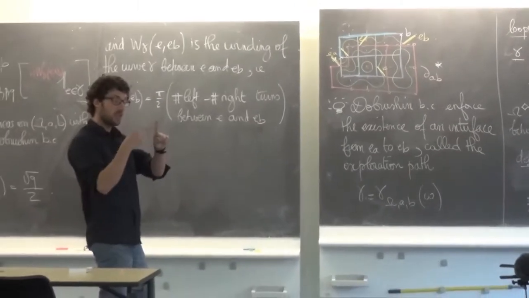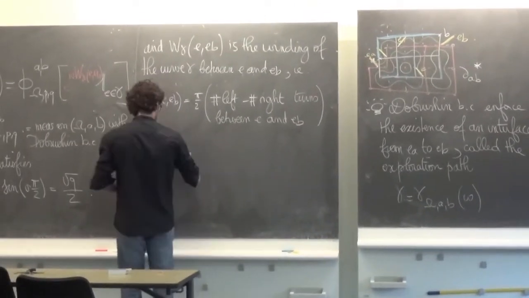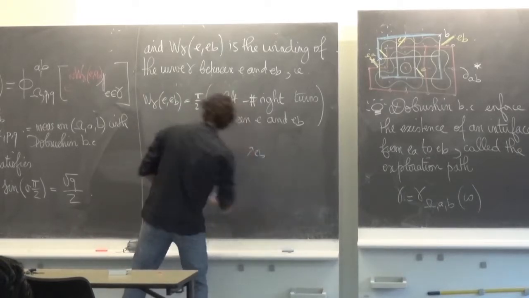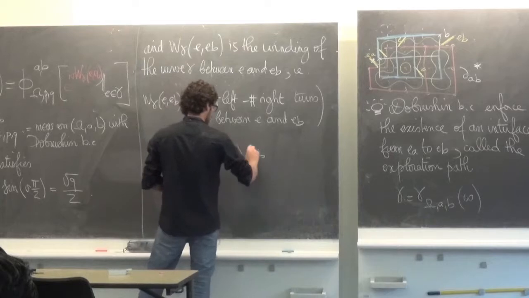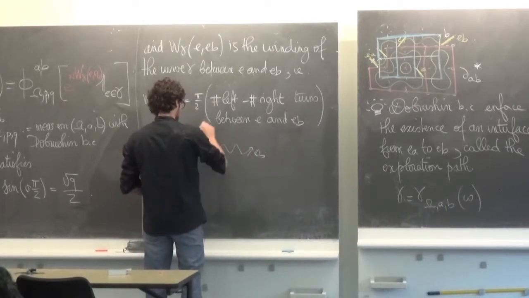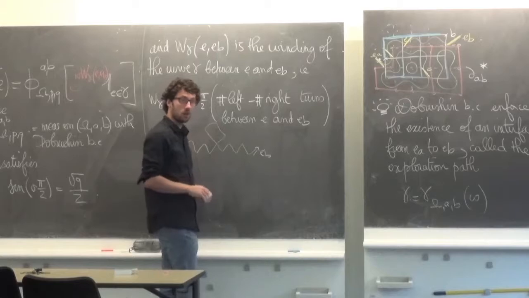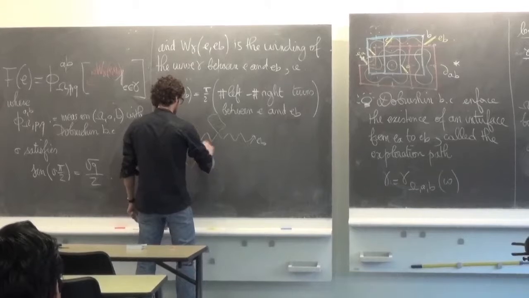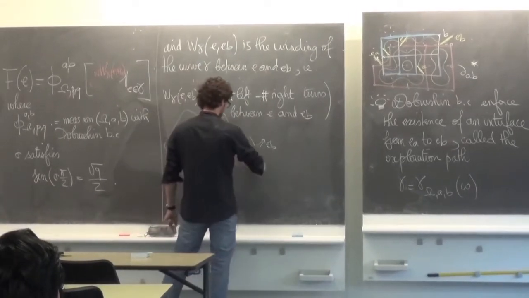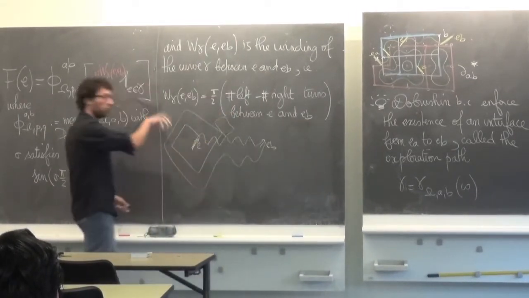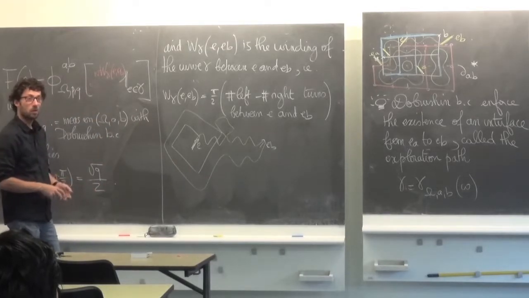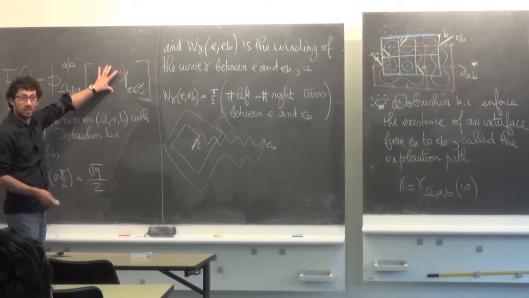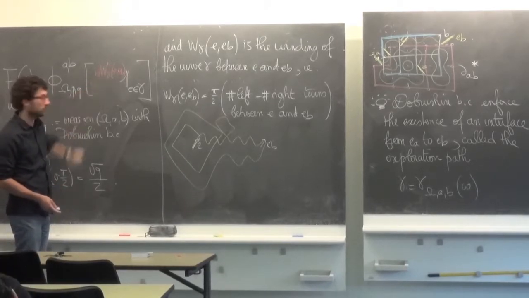For a certain edge, you can have different windings. If you have an edge like that, E, and you try to finish at EB, if you do like that, or even you can imagine doing things like that, you are going to have a winding of pi, or 0. You could also imagine doing something like that, and here the winding is going to be 2 pi, for instance, or 4 pi. So even for a prescribed edge E, this is a random variable. It depends on gamma.